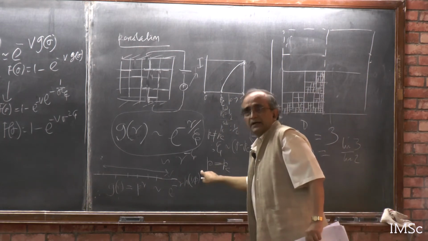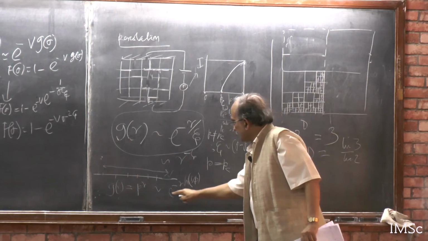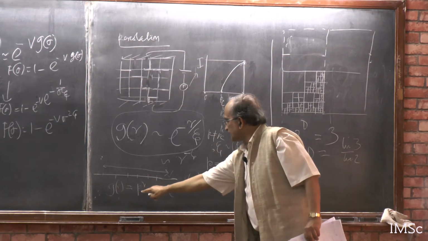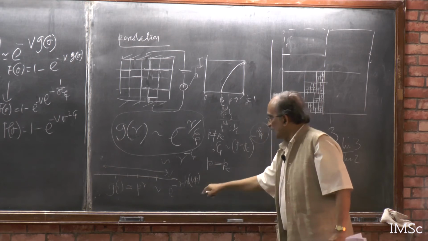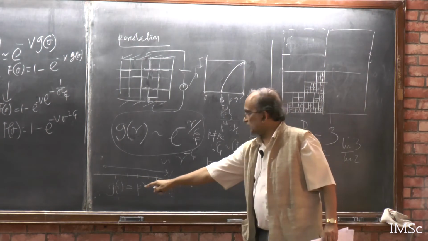So e to the power log of 1 upon p to the power minus r is actually p to the power r.